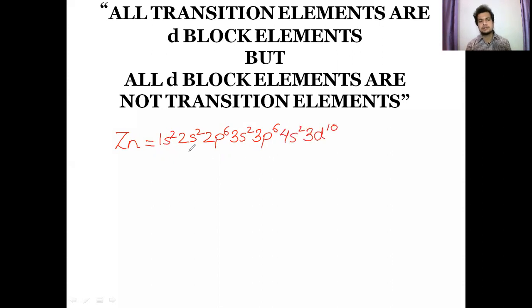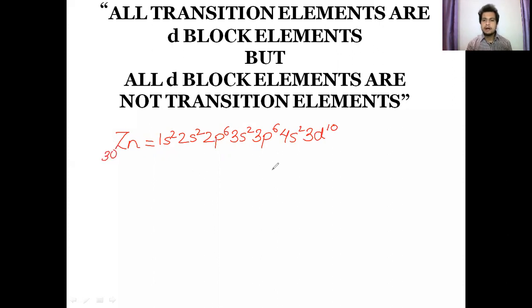So the zinc configuration, if you write, is 1s2, 2s2, 2p6, 3s2, 3p6, then 4s2, 3d10. That is the configuration of zinc, atomic number 30.